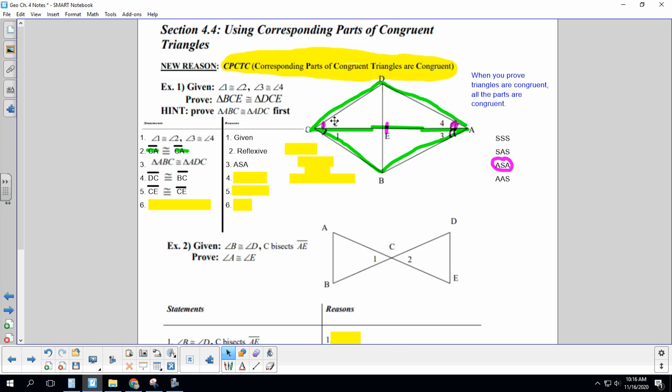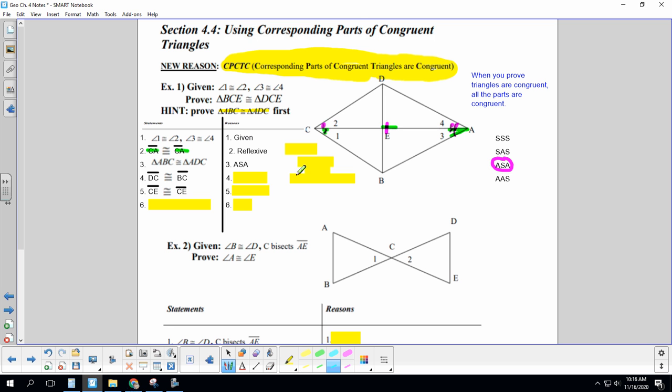All right, so now we're going to hunt down our final item. We did our hint, so we proved this. Now we need to prove triangle BCE is congruent to triangle DCE. So the little guys. I'm not going to erase what we've already proven congruent.